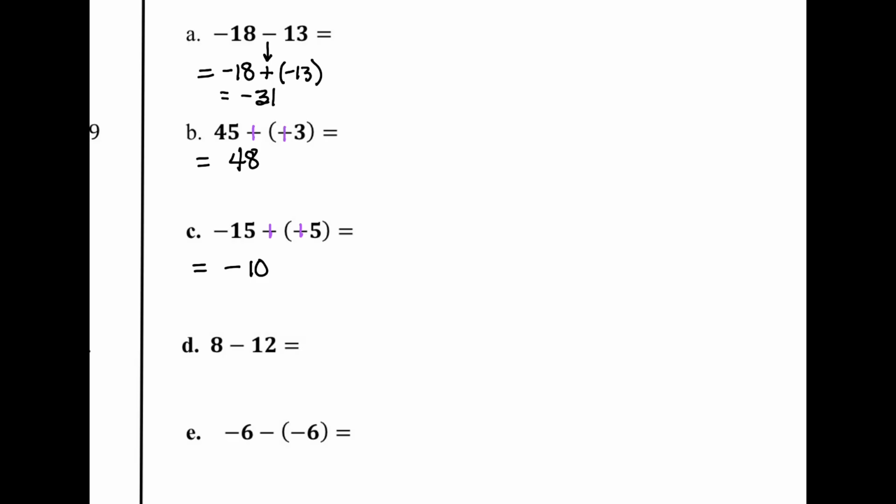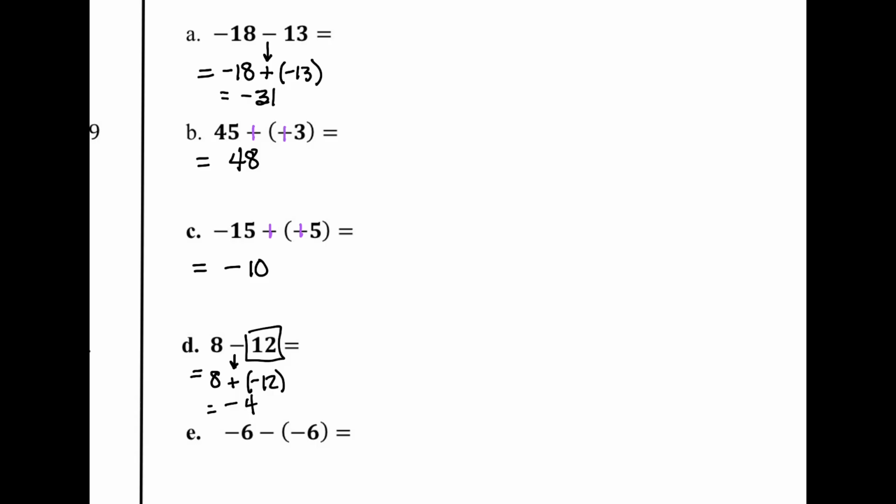Keep the first one. I'm going to write this one out just for those of you who do. Keep the first one. Change this sign. 12 is positive, so now it's negative. Add those two up. Positive 8, so I have 8 positives, 12 negatives. The negatives win by 4.